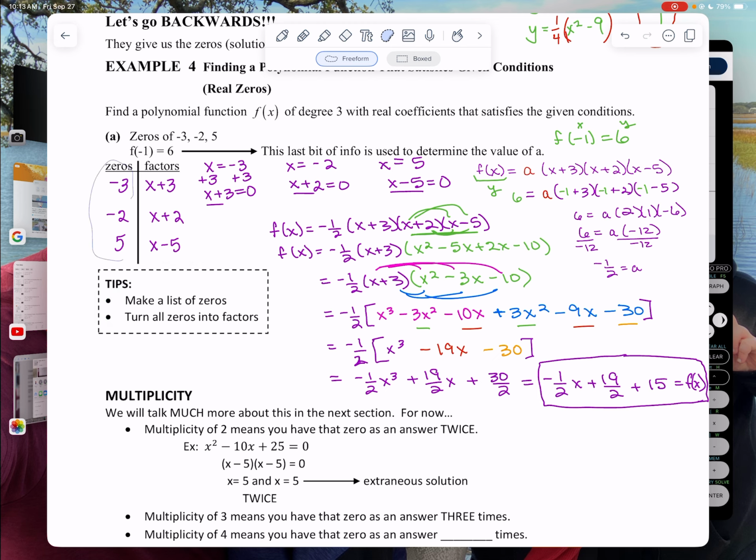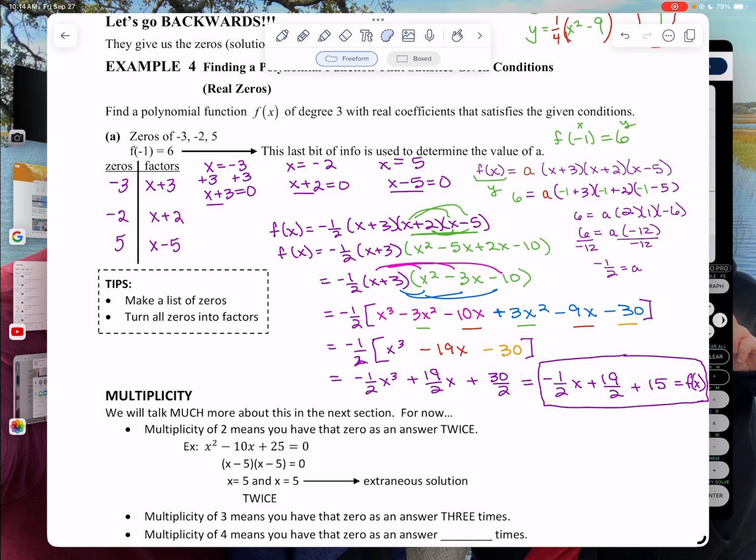I made my list of zeros, I turned them into factors, and then I used this point that I had to determine my a value. And then I just wind up multiplying this together and distributing. This whole part is just algebra 1 on steroids.